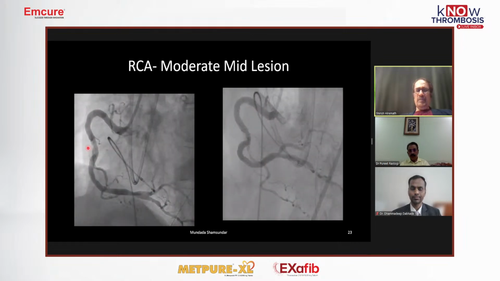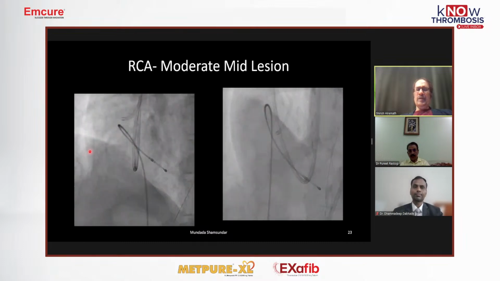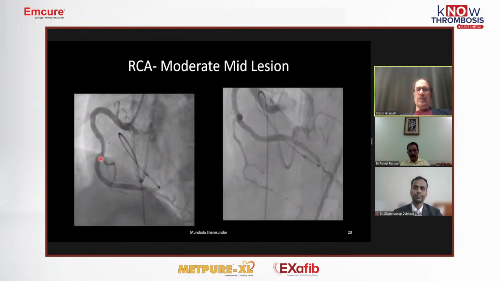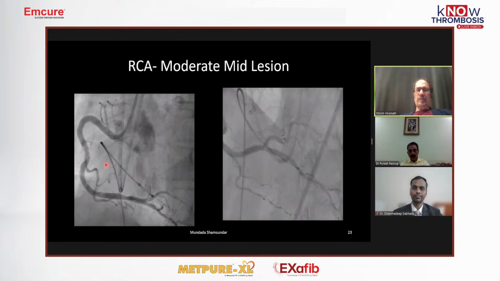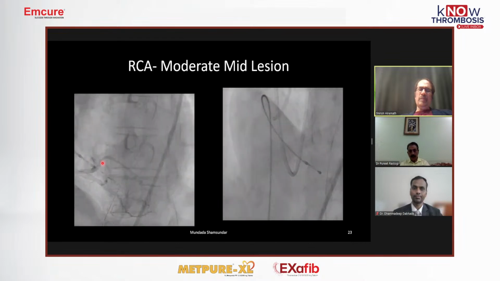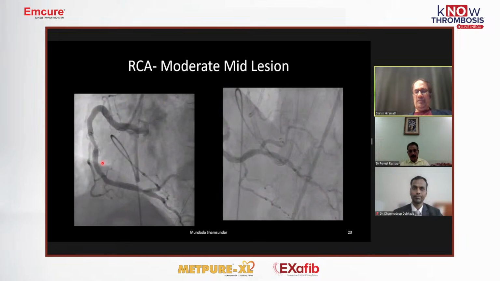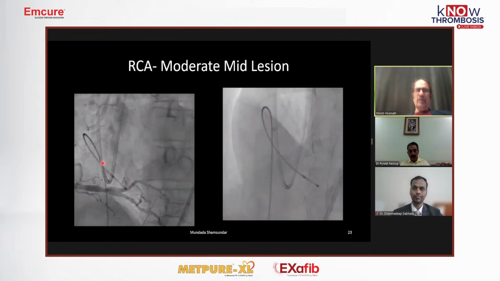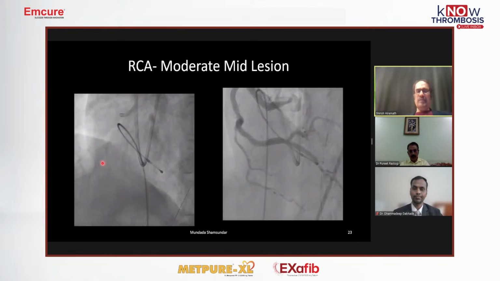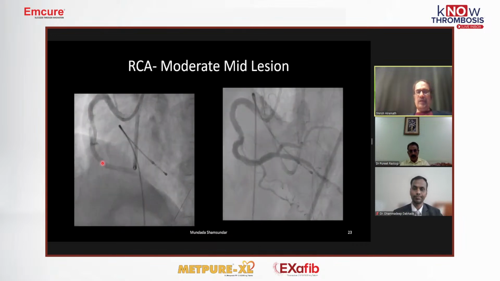I mean, it's a simple lesion, but a very dominant vessel, and maybe we could have done an FFR, or now we could do a stress thallium to decide if the right also needs it. But it's a type A lesion, and I'm sure there will be no difficulty.